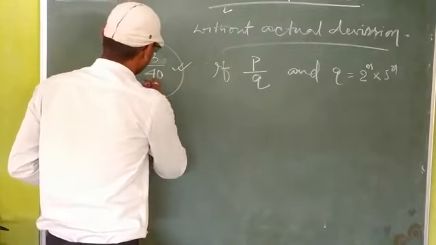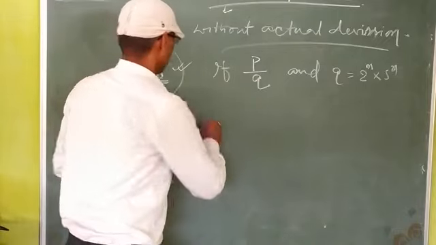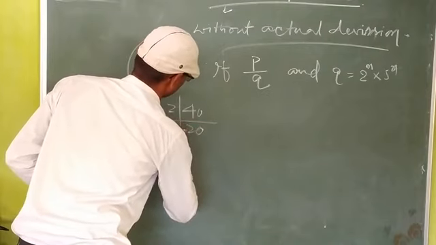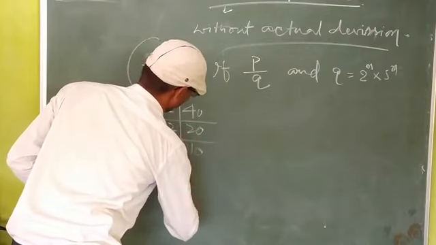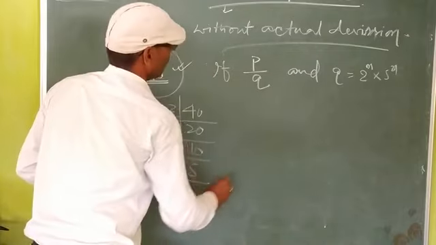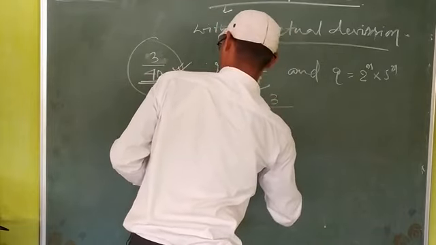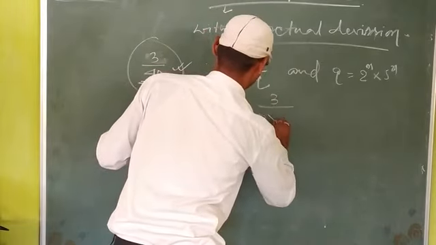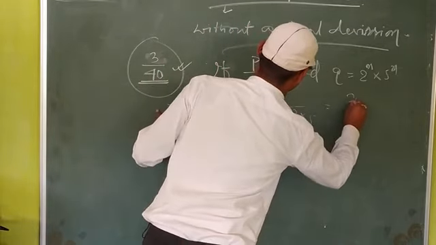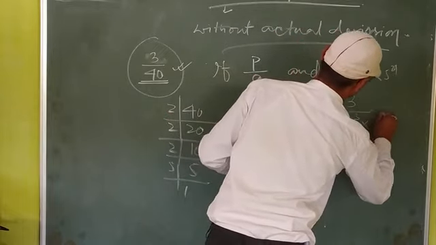We will do the prime factorization of the denominator. Look at the prime factors of 40: 2, 20, 2, 10, 2, 5, 5, 1. What comes? The denominator's prime factorization comes to 2 into 2 into 2 into 5. It means 3 by 2 to the power 3 into 5 to the power 1.